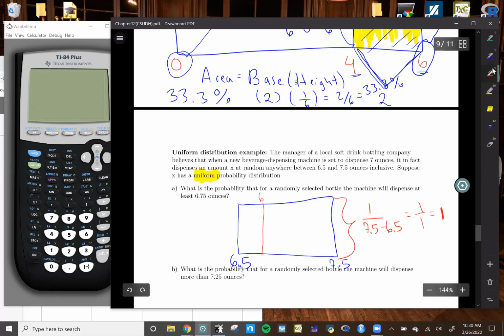For this one, do we want to shade the left side or the right side? In the chat, you can type in left or right. Left.